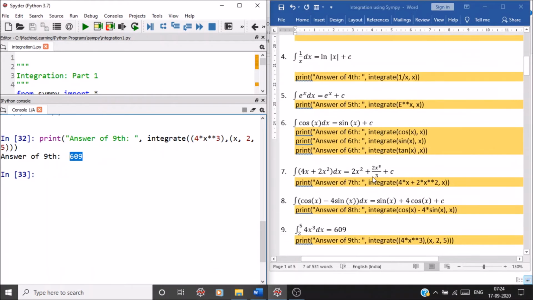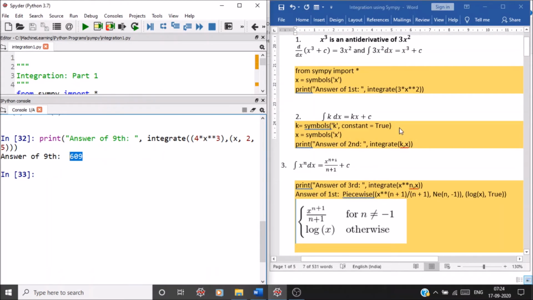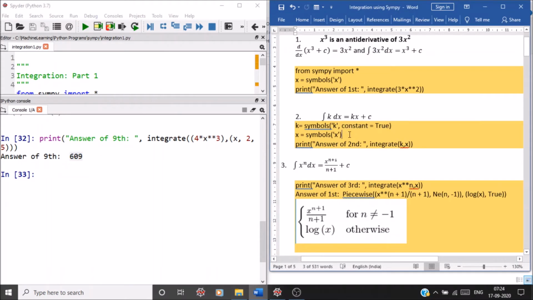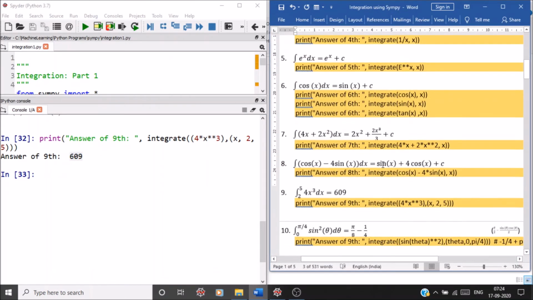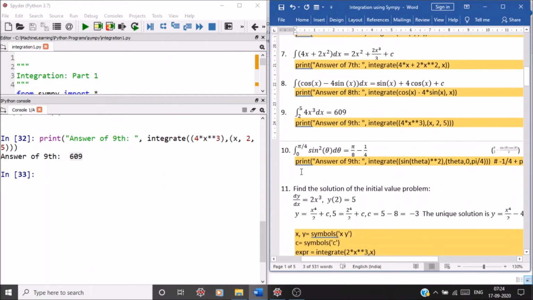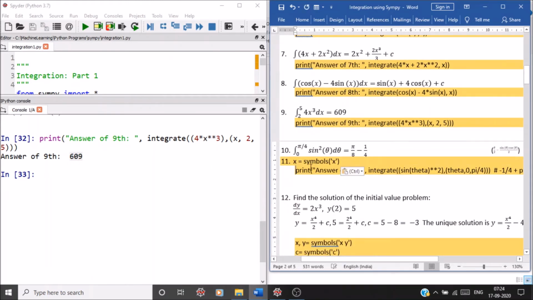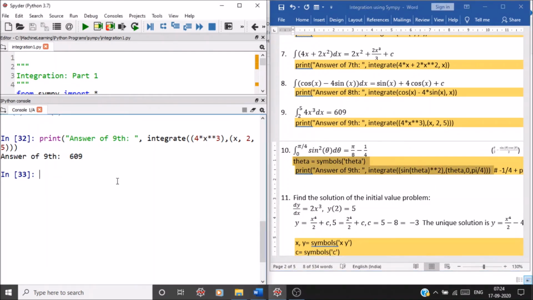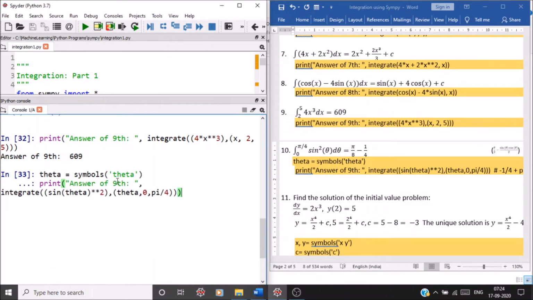Here we insert that theta, so we have to write theta as the symbol. And if you execute it, we can see the result.